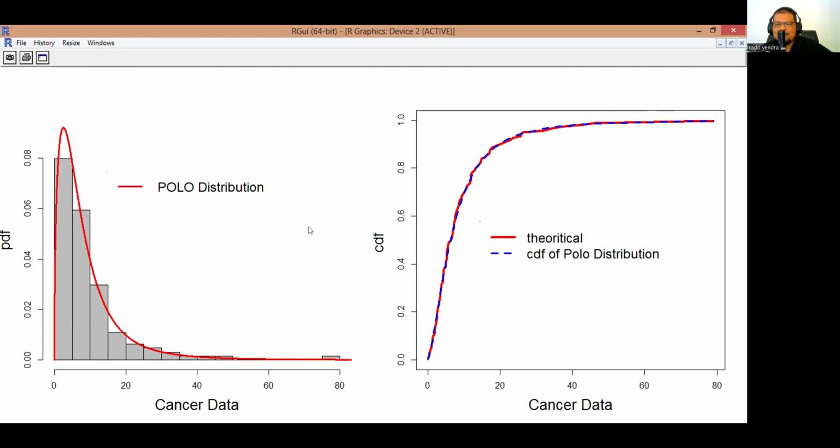Okay, so from these two plots, namely the density plot and the cumulative plot, we can conclude that our model can solve the problem of the 120 bladder cancer patient data. We can find a good model. And of course, we have the values of the parameters.